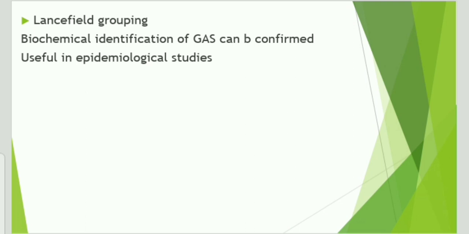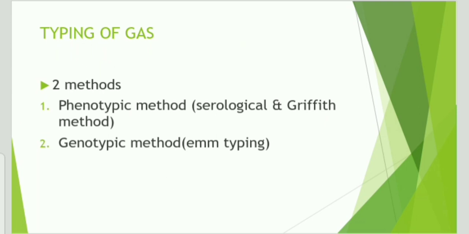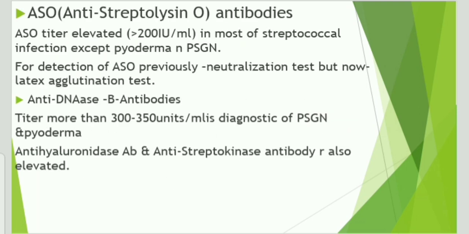The lab diagnosis of acute rheumatic fever, which is one of the non-suppurative complications, is by the ASO titer. The people having acute rheumatic fever have a high ASO titer compared to the people with just streptococcal infection.